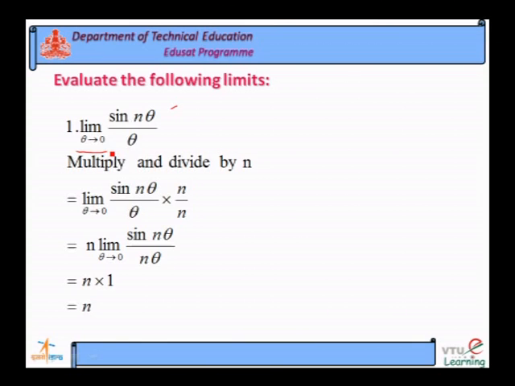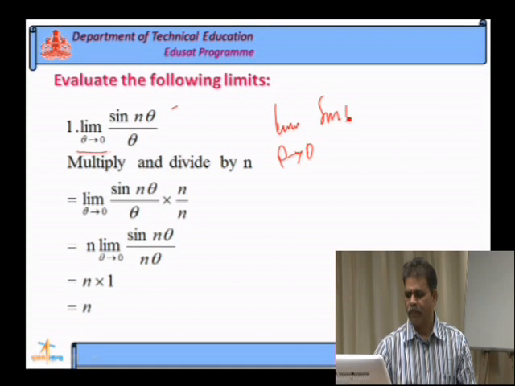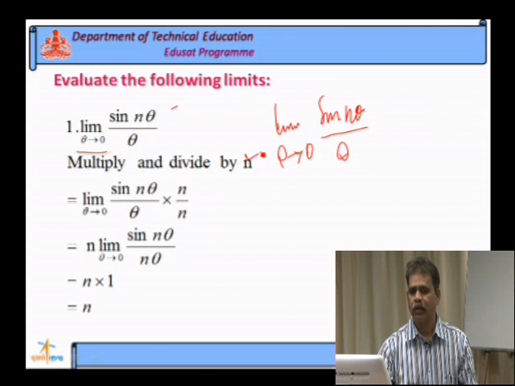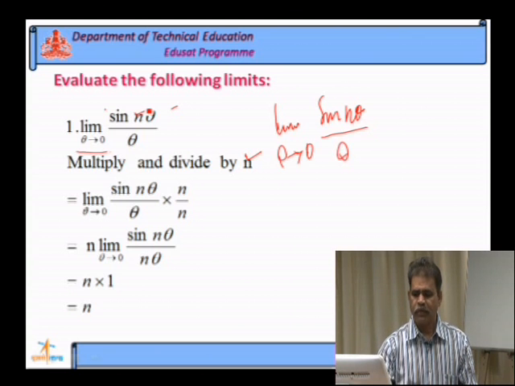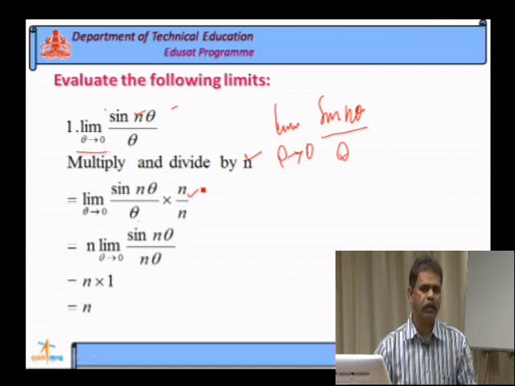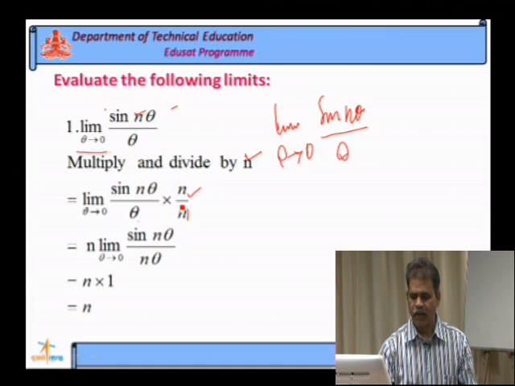Here, if it is sin of n theta, at the denominator we should also have n theta, but we do not have n here, we should include n at the denominator. For that we need to multiply and divide by n only for the purpose of making this given limit into a standard limit. That is limit of sin n theta by theta as theta tends to 0 is multiplied and divided by n. Then this n is taken here.